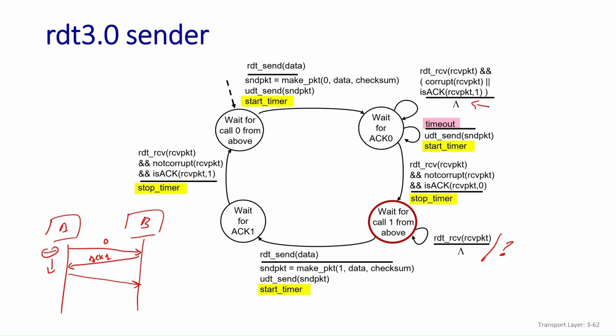So now let me draw a scenario here for you, and then you try to explain it. So in this case, we are waiting for call from above, and then we have received a packet, but we are not taking any action.